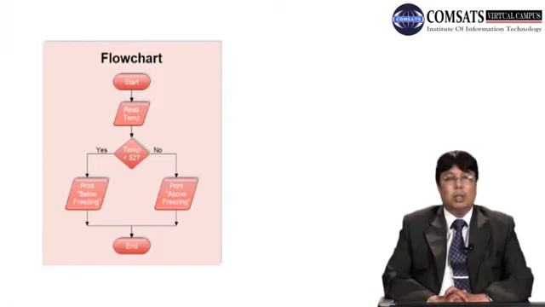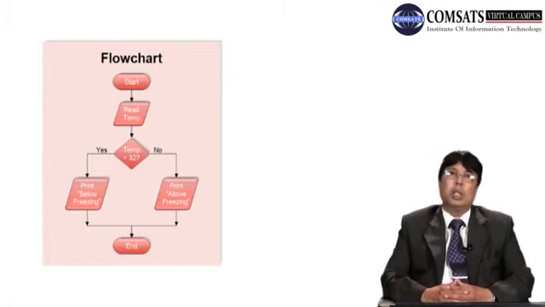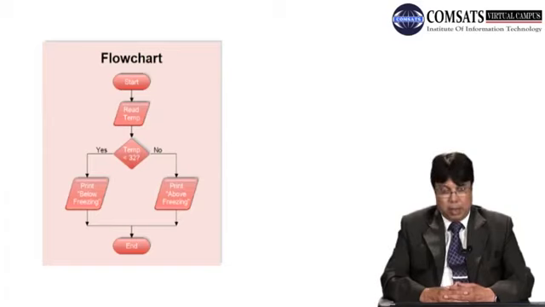If the temperature is less than 32, no. That means the temperature is higher, so it is above freezing. Or if the temperature is less than 32 Fahrenheit, otherwise you know that freezing temperature is below 0. But in this example, it is assumed that the temperature input has been taken in Fahrenheit.